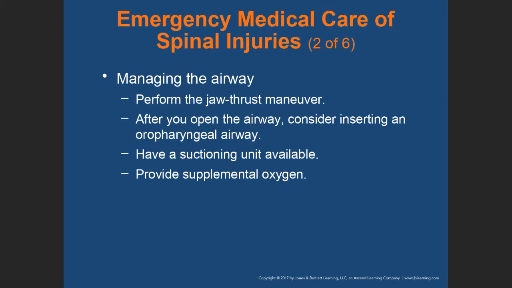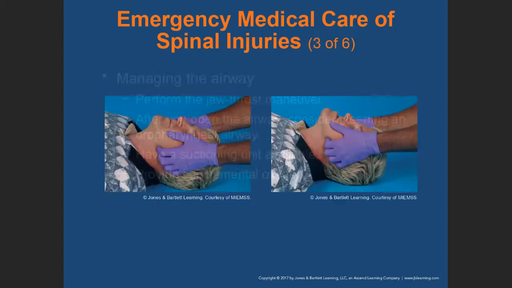No nasopharyngeals, even if it's indicated. Have suction unit available. Give supplemental oxygen if it is required. Right? We know this is the jaw thrust maneuver. So all we're doing is manipulating the mandible without causing any shifting of the neck.